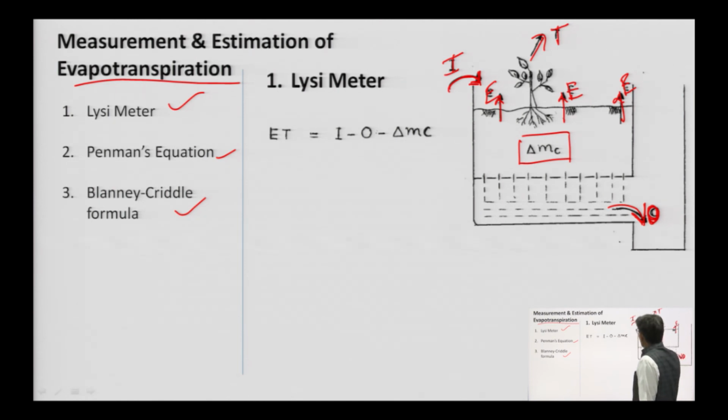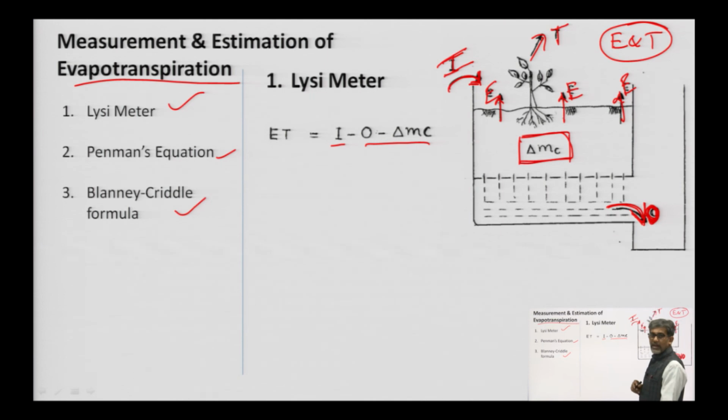Evapotranspiration, E and T, is the input I minus the outputs O minus delta MC.